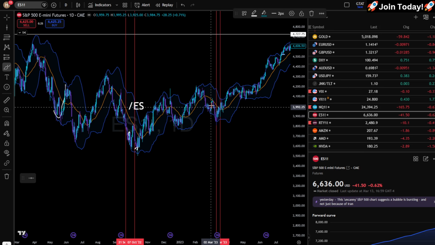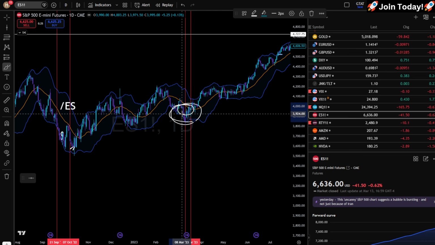March of 2023 as well. On the daily and the weekly time frames, the market bottomed out. This was extreme weakness. At each and every single time that this has happened, this was extreme weakness. The market was very, very bad every time this happened.